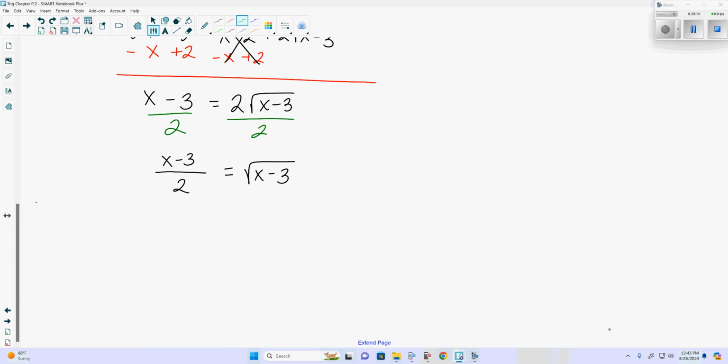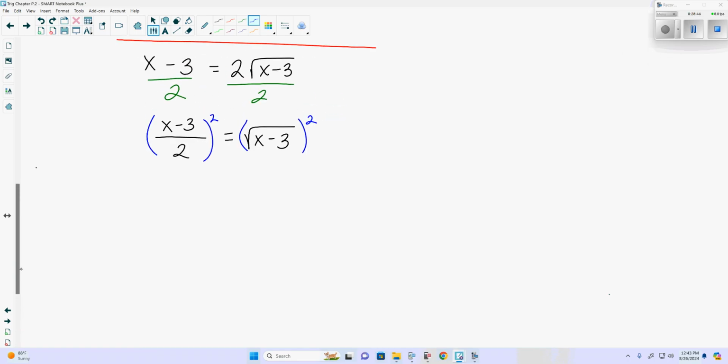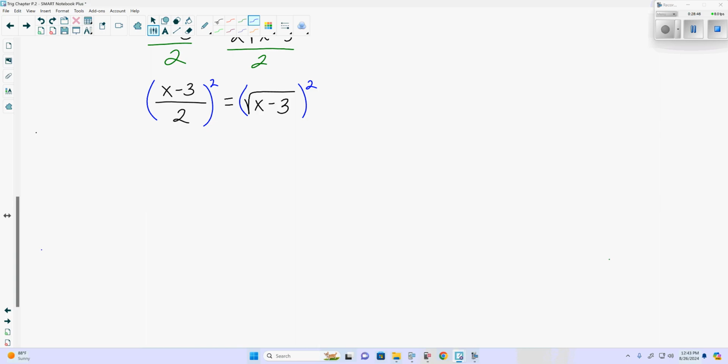So that takes us to step 2. Put both sides to the nth power. What's our nth power? It's still the second. Now the first time we did this for this problem, the right-hand side was a little more complicated than the left, yes? Let's look at the right-hand side first.